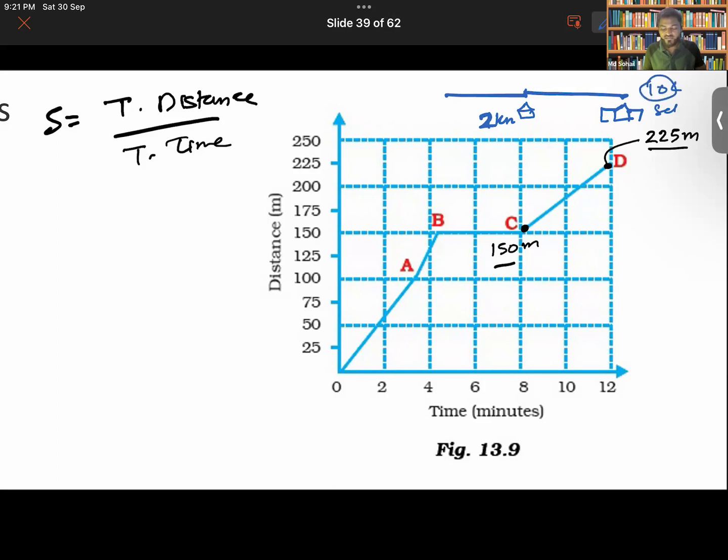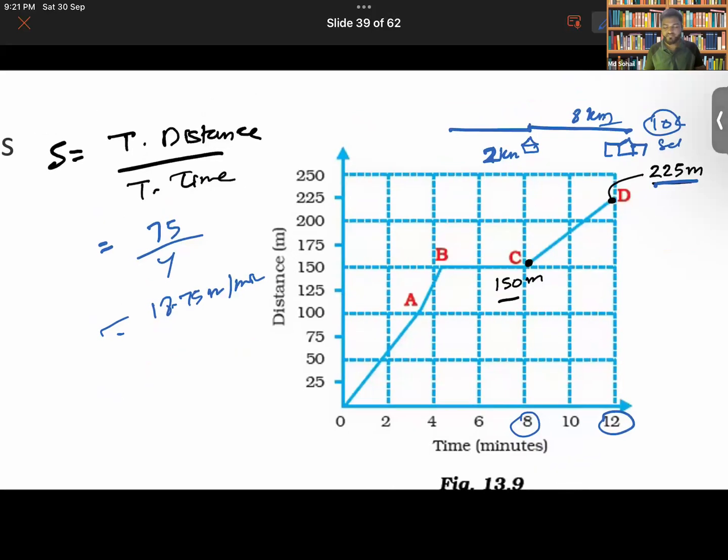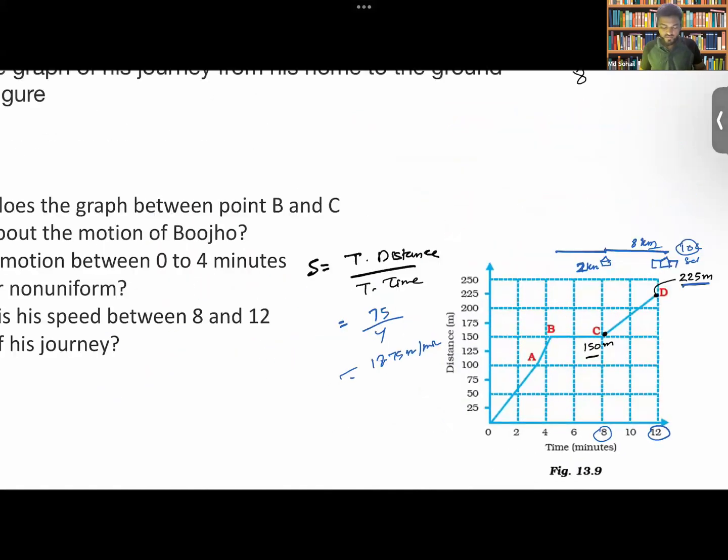So the distance between your school and the shop would be 10 minus 2, that is 8 kilometer. Same is the case here. So the total distance would be 225 minus 150, that would be 75, and total time would be the time here and here subtracted, that would be 4. So that is 18.75 meter per minute. Clear? Yes, sir. Okay, good.